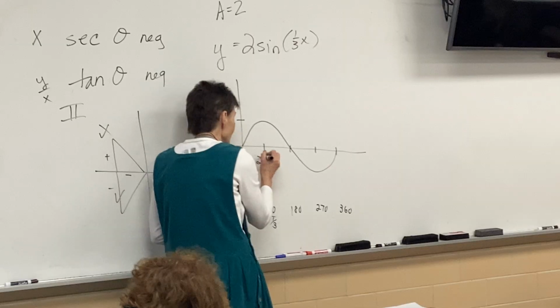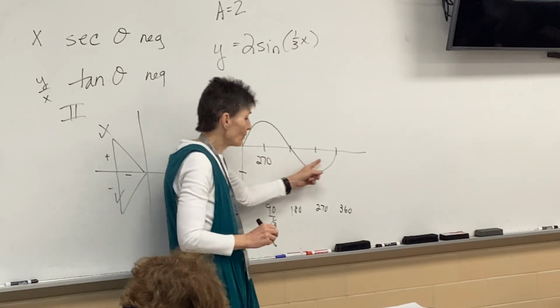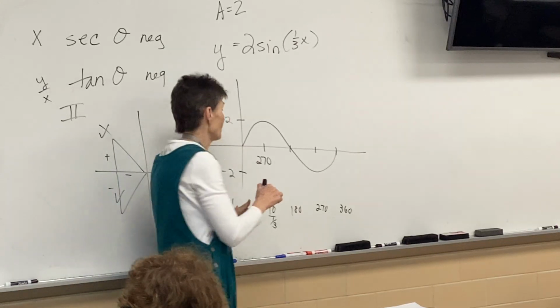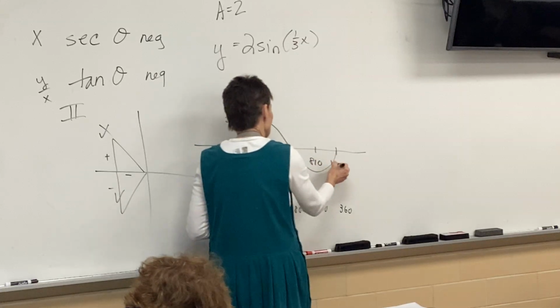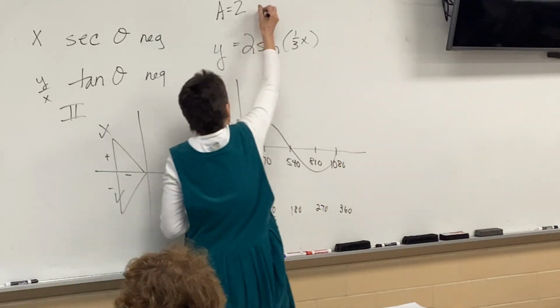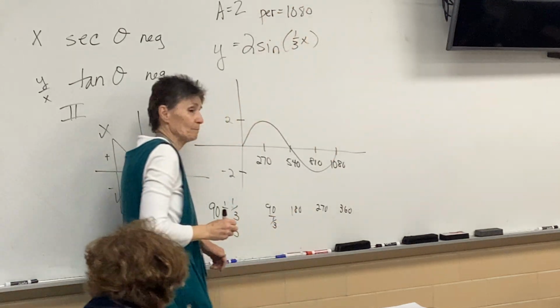So this is 270. Now you can get all the rest of these by just adding 270. So 540, 810, 1080, if I did that right. So my period is 1080.